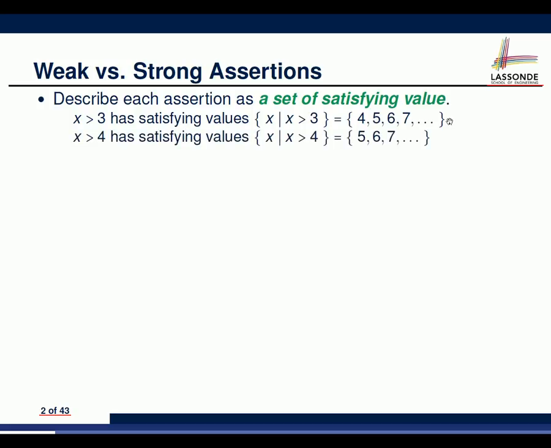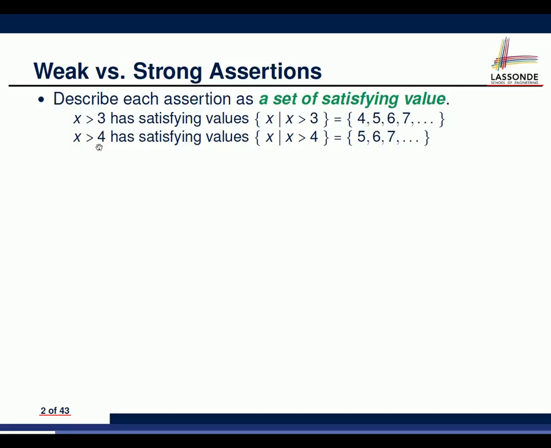And also we got x larger than 4. Okay, let's say we got these two predicates. Apparently you can see that the set corresponding to x larger than 3 is strictly larger than the other set, which corresponds to the predicate x larger than 4. So now we can define some notion about a predicate being stronger or a predicate being weaker.